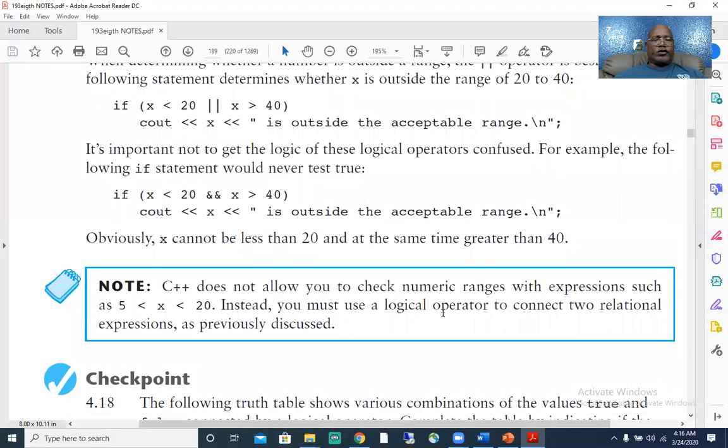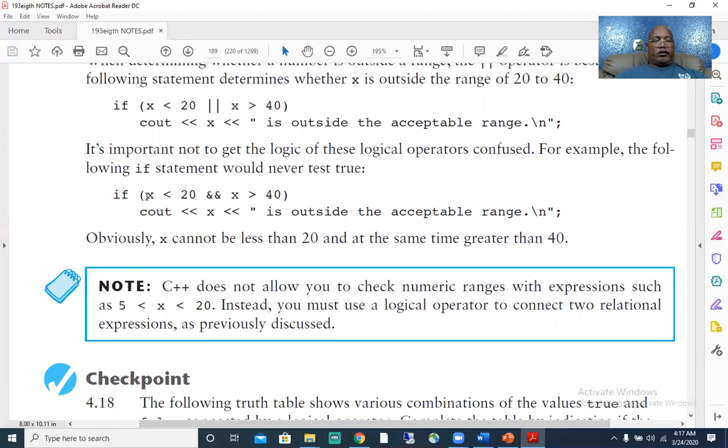Note that C++ does not allow you to check numeric ranges with expressions such as 5 less than x less than 20. Remember, we have to use the variable, operator, another variable or constant, and then the logical operator, and then the variable, operator, and another variable or constant.